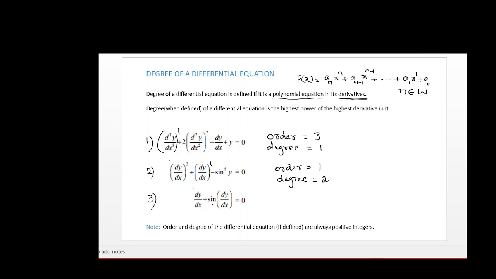Sine, cos, tan and exponential, logarithmic functions will not be involved in a polynomial. Since it contains sine terms, for this kind of differential equation, degree is not defined. Of course, the order is defined. Order is 1. The highest derivative here is 1. But degree is not defined in this case.